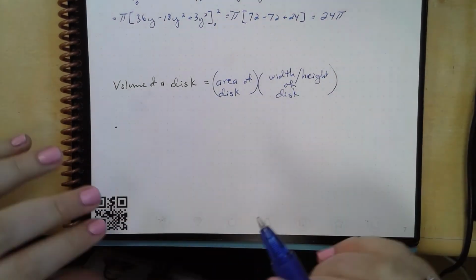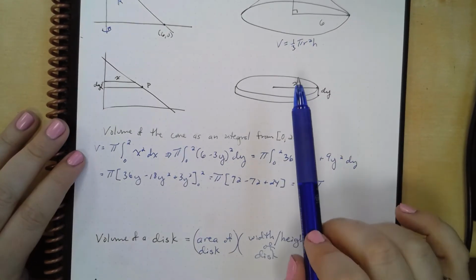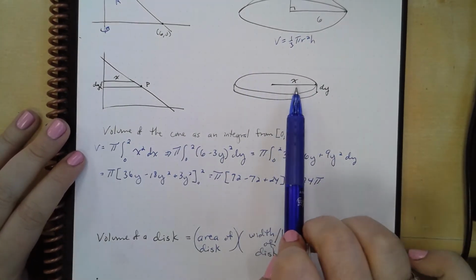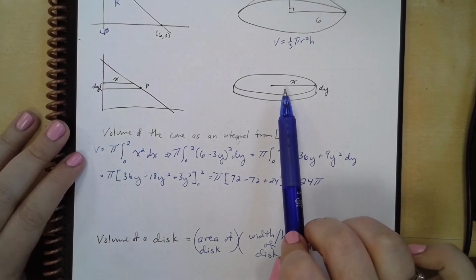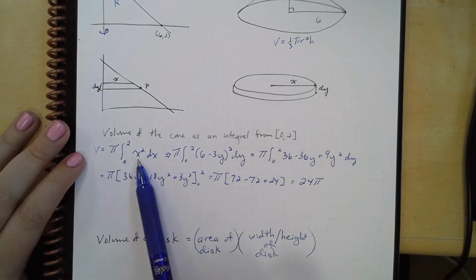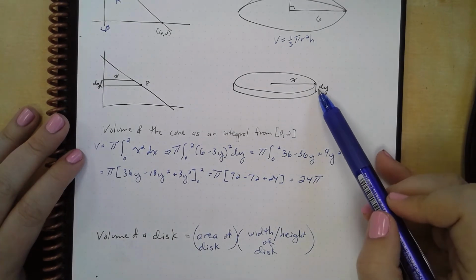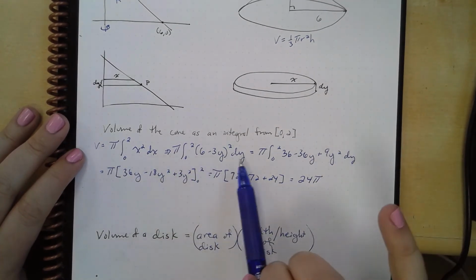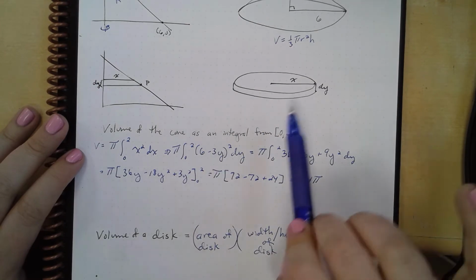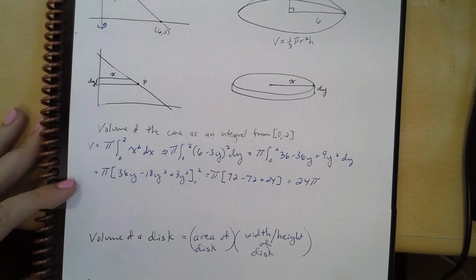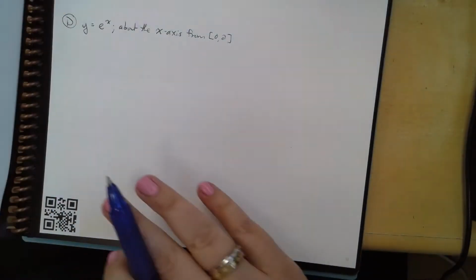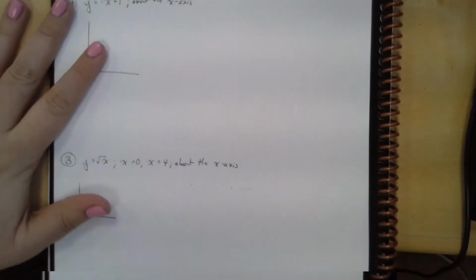So the volume of the disk up here is going to be equal to the area. Well, the area of this disk is pi r squared, right? So that's why I use this x squared here, pi times r squared, times the height, which is dy here, right? And so I actually put this in terms of y so that I could use dy. Good? Okay, let's actually go through some examples, and I think you'll be able to see this a little more clearly.